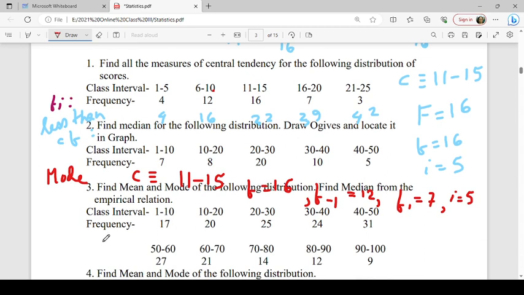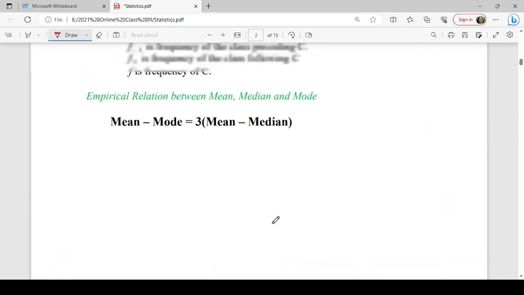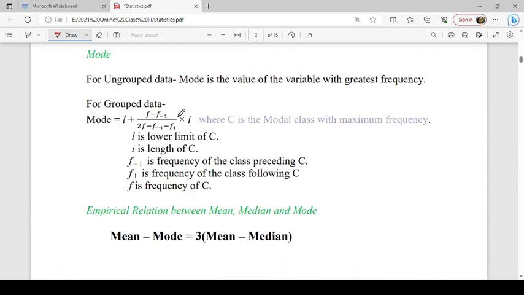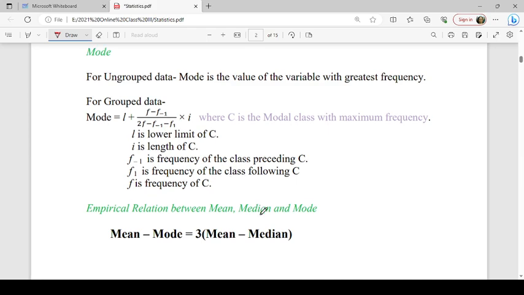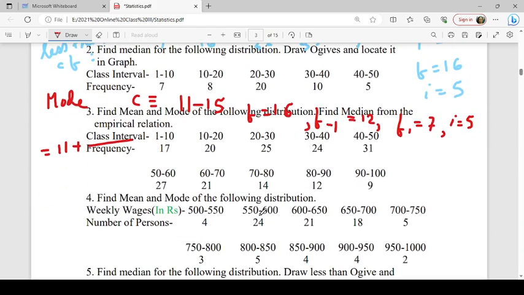Mode is equal to 11 plus f minus f minus 1 over 2f minus f minus 1 minus f1, into 5.